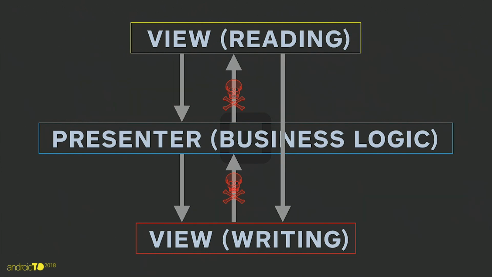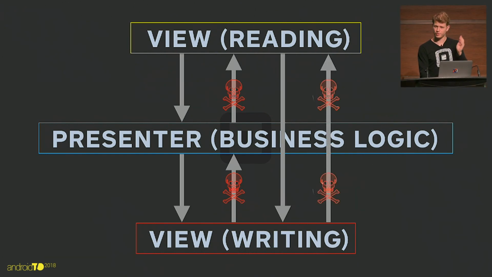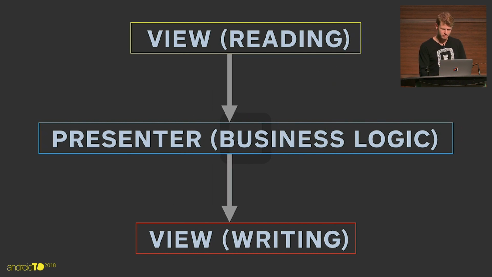If you don't have any business logic, you could skip it if you want. But again, if you want to render a view model, this should not kick off a reading. And this is the unidirectional data flow. The data has only one way to go, and this makes things much easier to think about. So that's what we have.